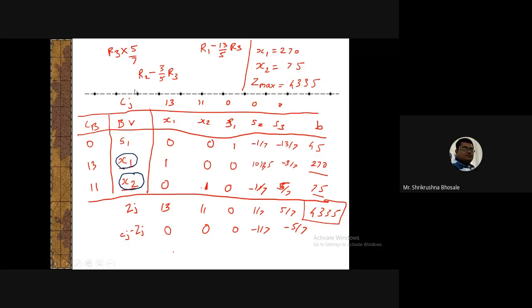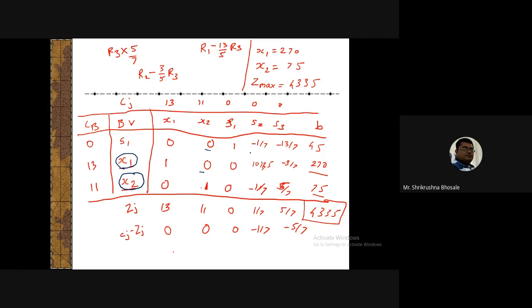Once this is made 1, the other elements in that key column become 0 with the help of these operations: R2 minus 3 by 5 R3, R1 minus 13 by 5 R3. Once this is made, I have received the new b values and the new table, then I have gone for checking.